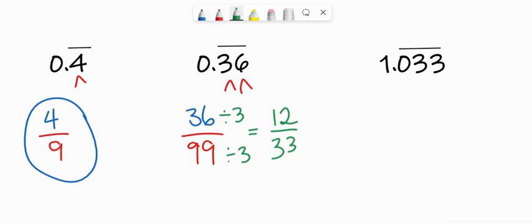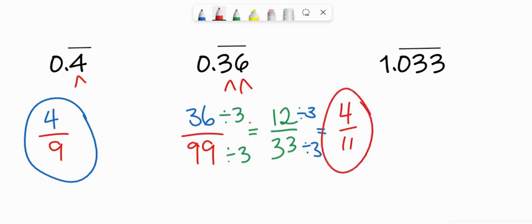You can go even further with that. You can divide this by 3 again, and divide this by 3, and you get 4 over 11.